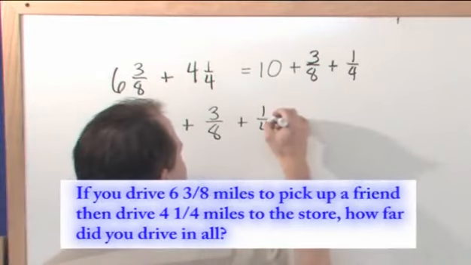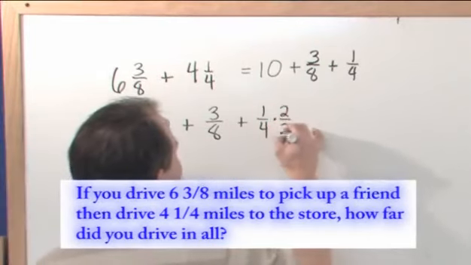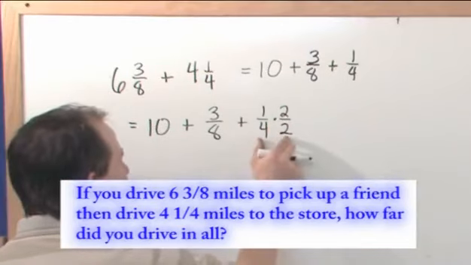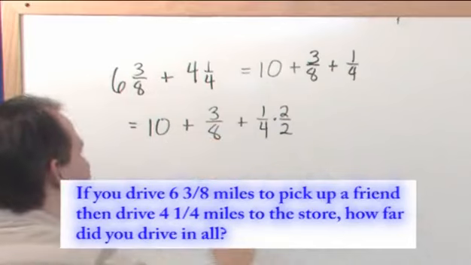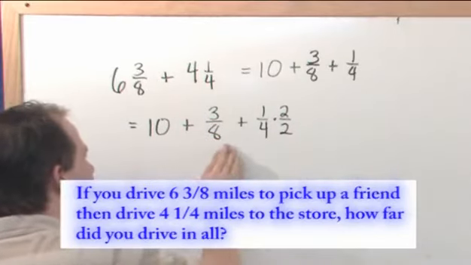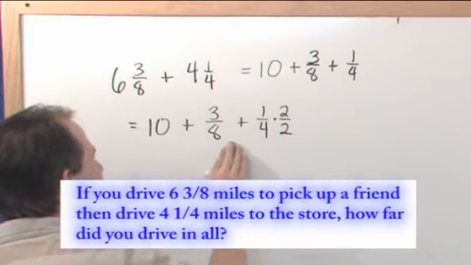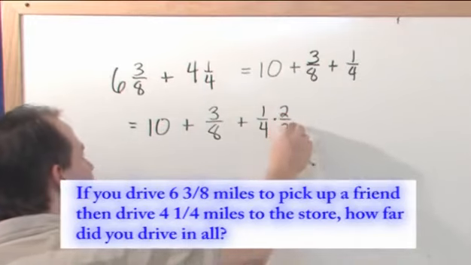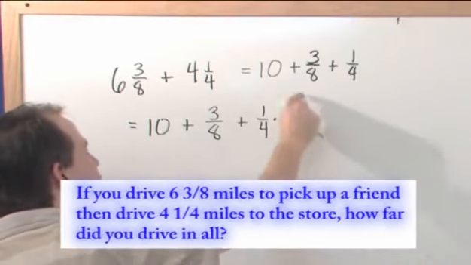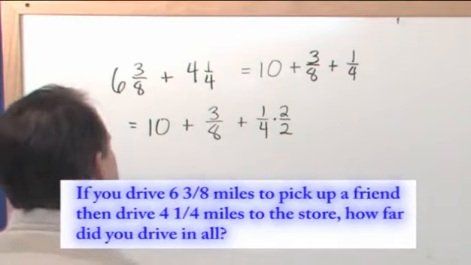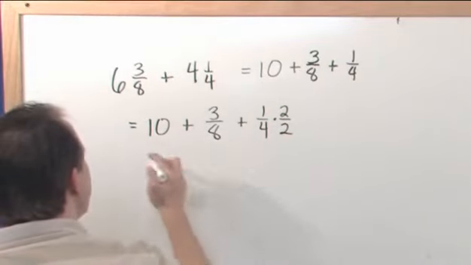If I were to multiply this fraction by 2 over 2, then the bottom number will be 8, because 4 times 2 is 8, and I have an 8 here, so that's why I'm doing that. I don't have to touch this fraction, because it already has an 8 on the bottom. Here, I'm just messing around with this fraction, multiplying by 2 over 2, because again, 2 over 2 is just 1. I can multiply anything by 1, okay? And I'm doing that to get the bottom number the way I like it.